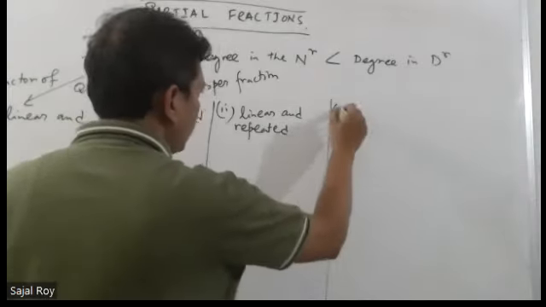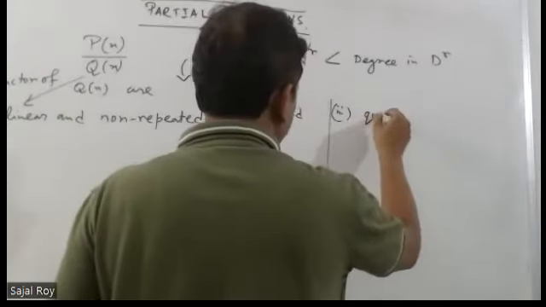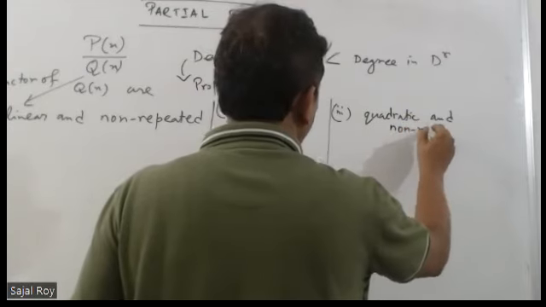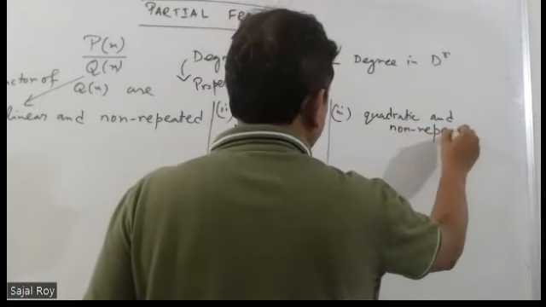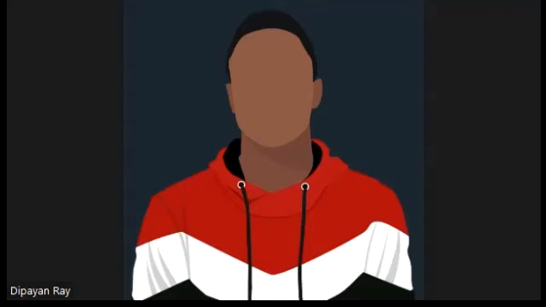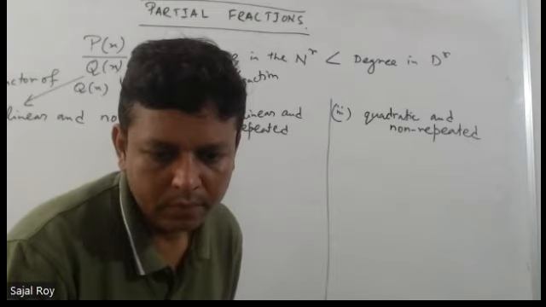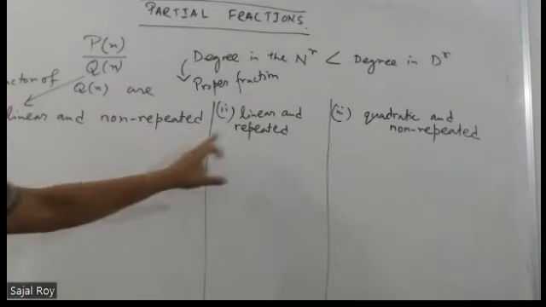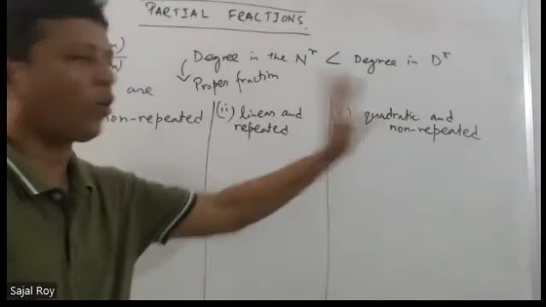Number three, quadratic and non-repeated. So the factors of q(x) are linear and non-repeated, linear and repeated, or quadratic and non-repeated.